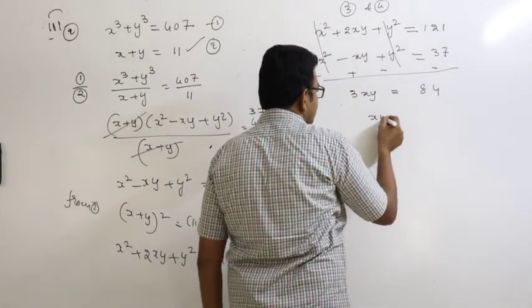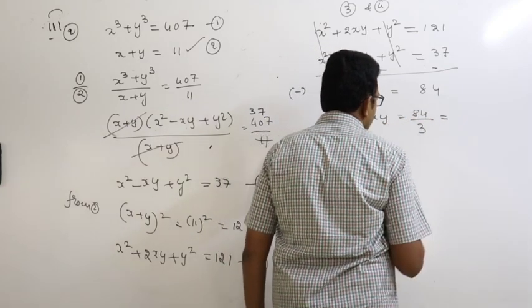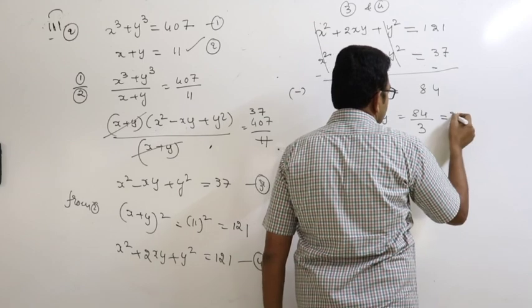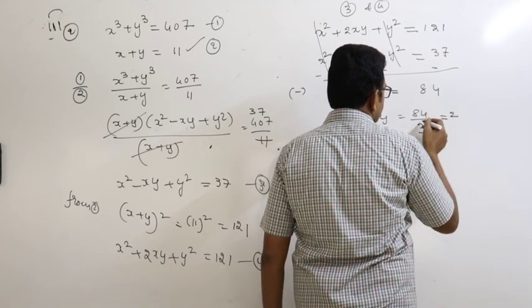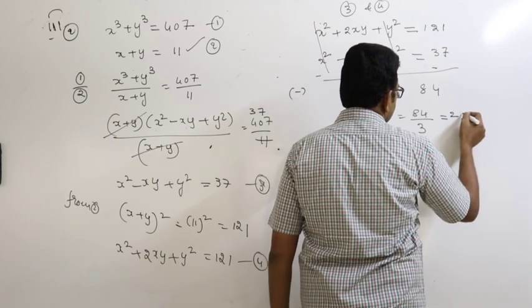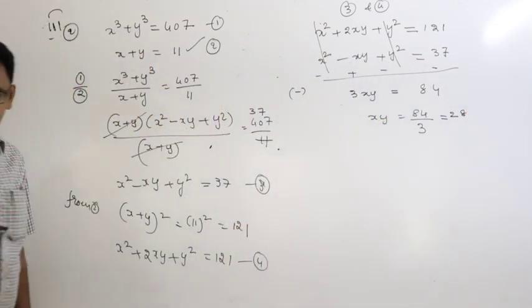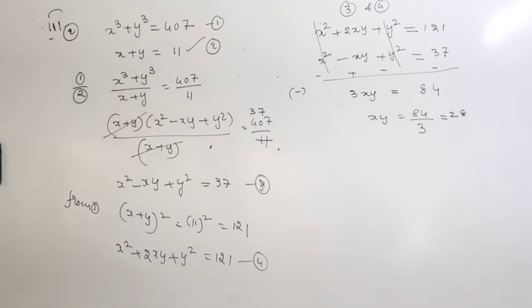Therefore, xy is equal to 84 by 3, that is 28. xy is equal to 28.